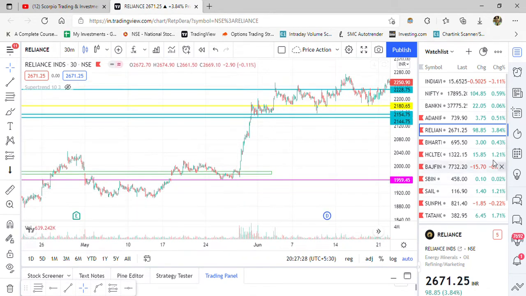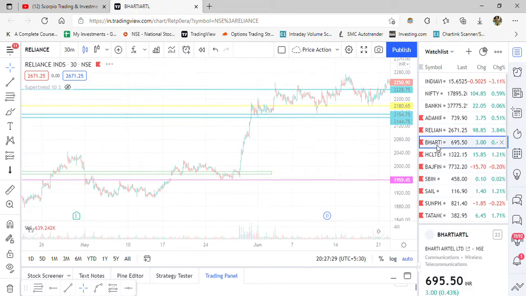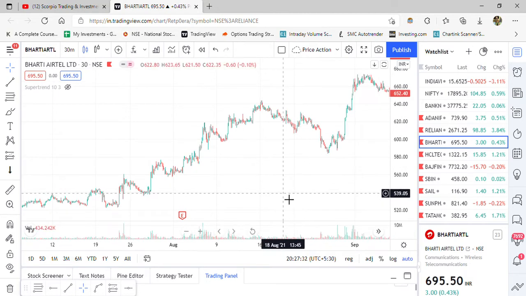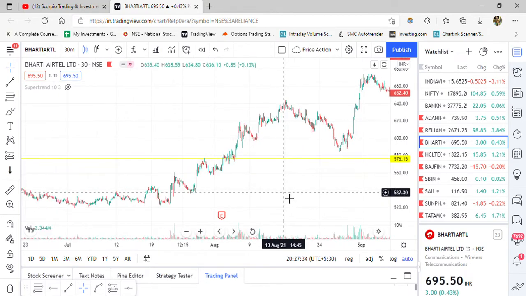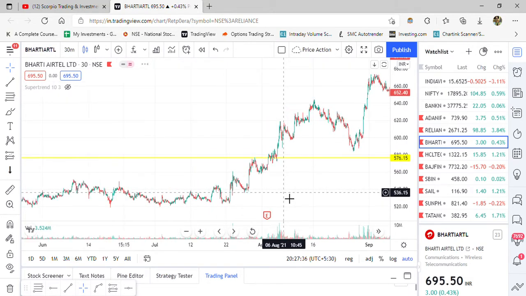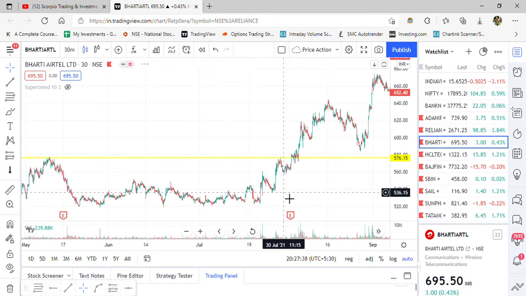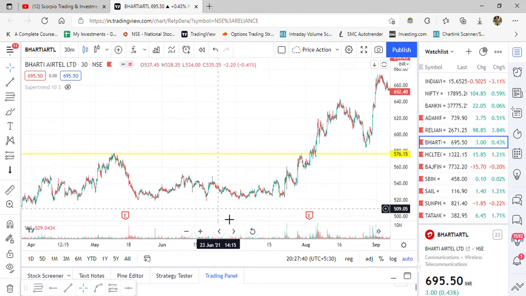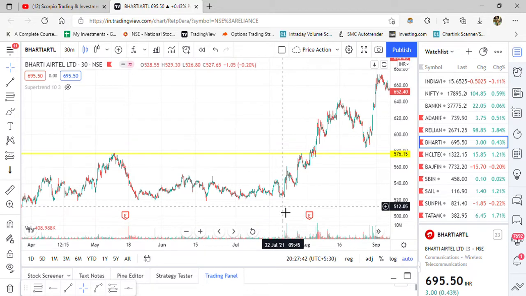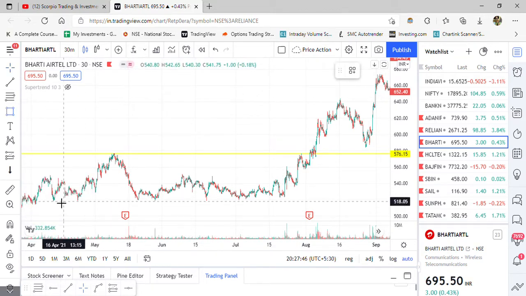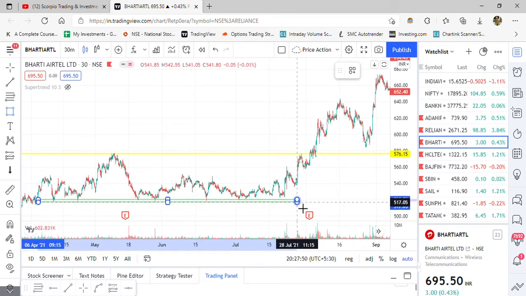Now let's see another example in Bharti Airtel. In this also, as you can see, this will be the support area.